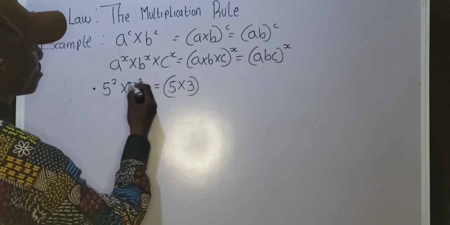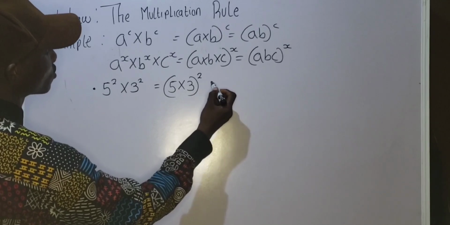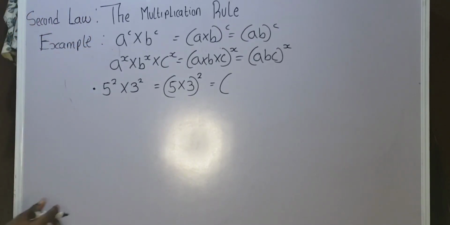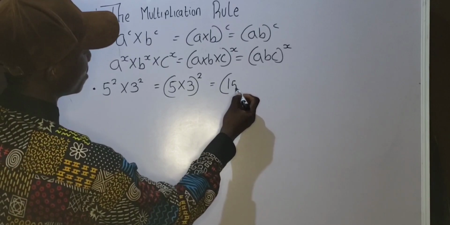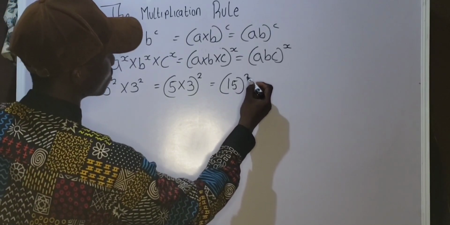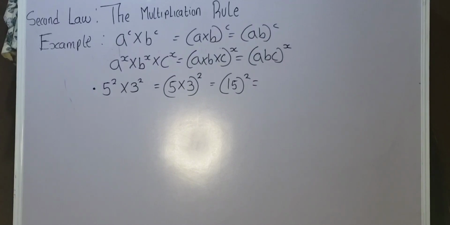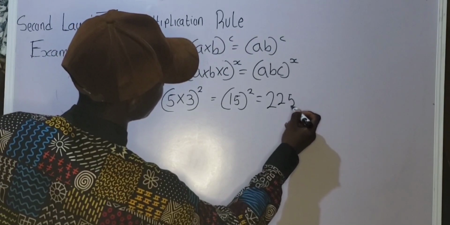So that will be what? Raised to the power of 2. So for this, I'm going to have 5 multiplied by 3, that is 15. 15 raised to the power of 2. 15 multiplied by 15, that will give us 125.